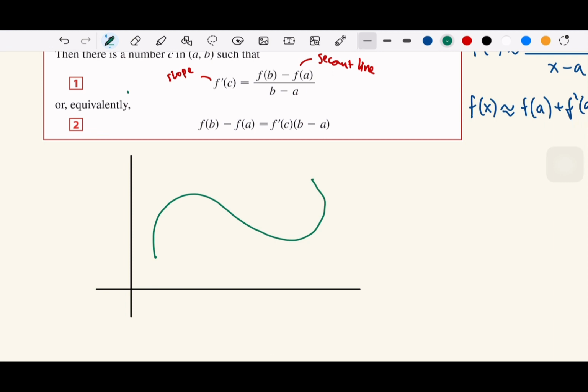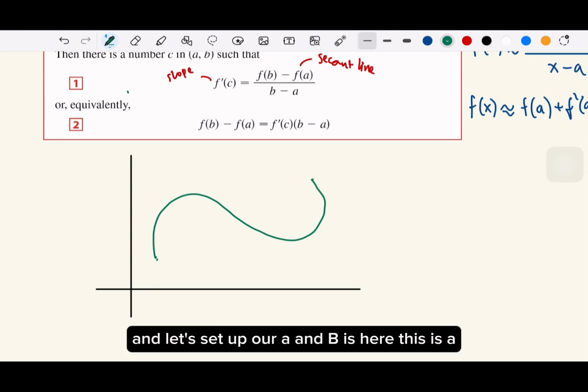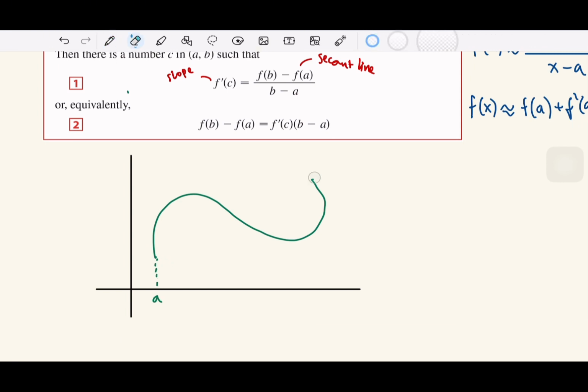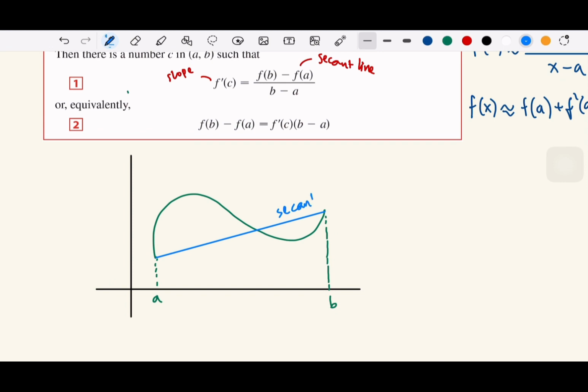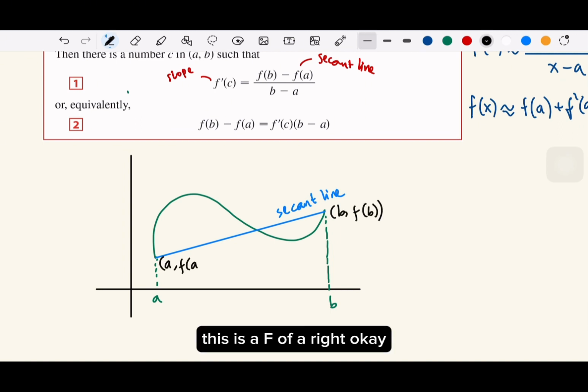And let's set up our A and B here. This is A. Maybe B is here. So we are going to take this line, which is the secant line. So this is B, f of B. This is A, f of A, right?